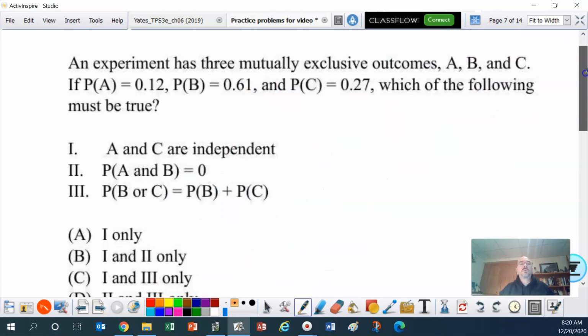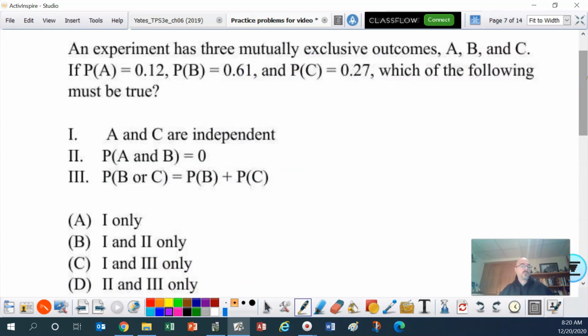All right, in this one, an experiment has 3 mutually exclusive events, A, B, and C. The probability of A is 0.12, the probability of B is 0.61, and the probability of C is 0.27. Which of the following must be true?